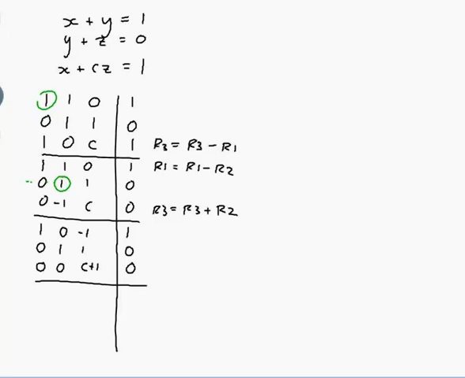So if c plus 1 was not 0, I could finish the question. I could completely solve it and get x1 equals something, x2 equals something, x3 equals something. So I'd get a unique solution, which would be exactly 1 point. So there's a unique solution when c plus 1 is not equal to 0, that is, c is not equal to minus 1.